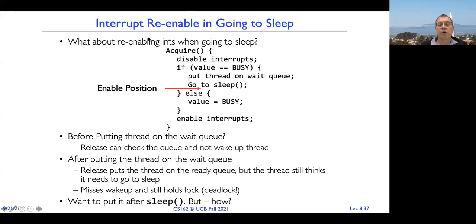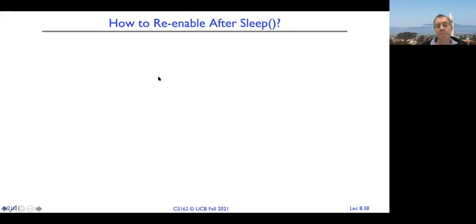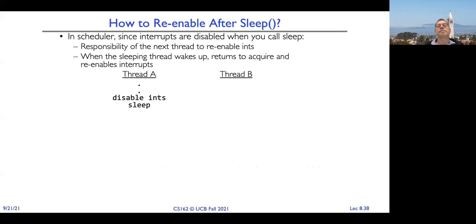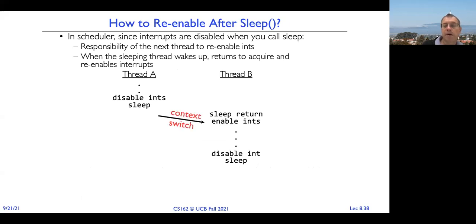So actually the solution is quite brilliant, in my opinion. If the thread which goes to sleep cannot enable the interrupts, the solution is that another thread which wakes up is going to enable the interrupts. So you do it on context switching. And in some sense, you can argue this is done by the kernel. You can do that in the kernel.